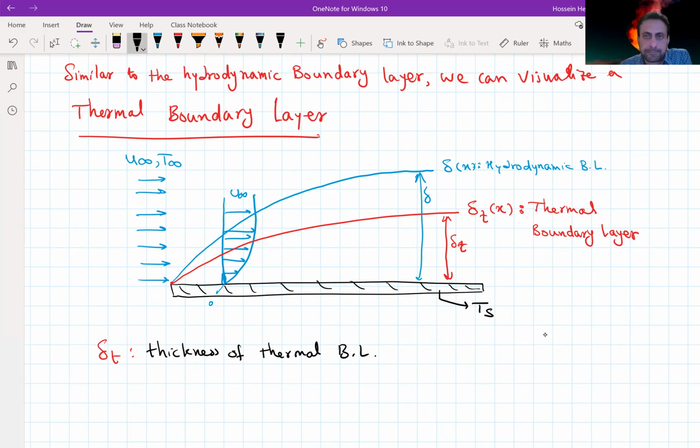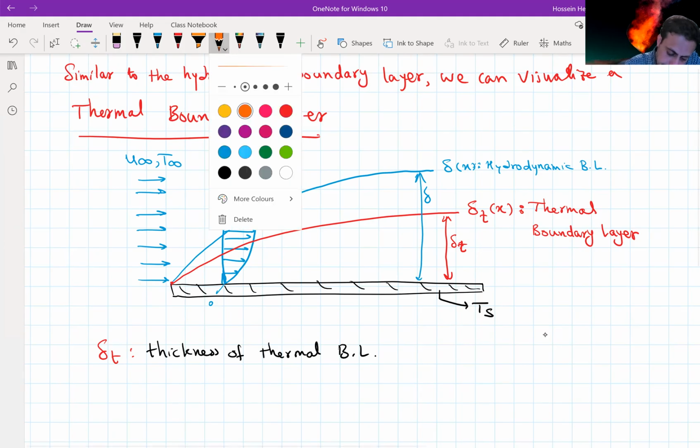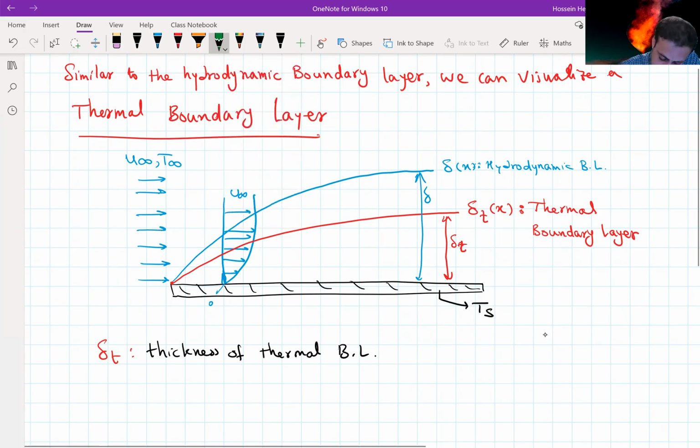And here, let's say I plot similarly the temperature distribution inside that, and let's say T of surface is greater than T infinity. So what we are going to see here is Ts just at the solid surface, and then a reduction in the temperature till we reach T infinity.